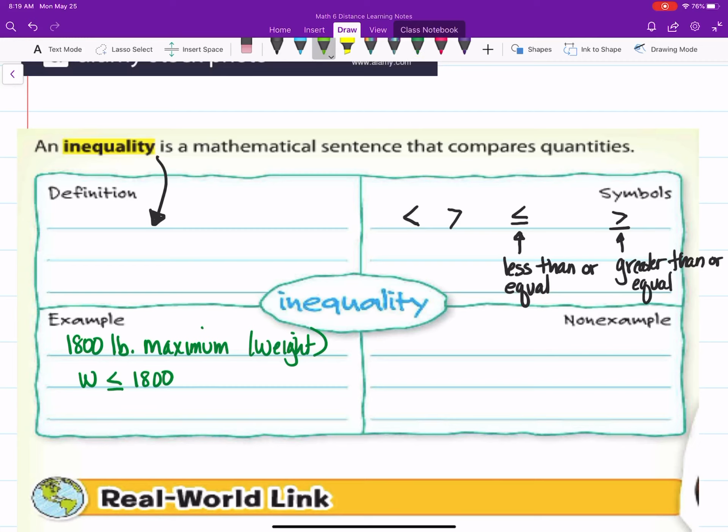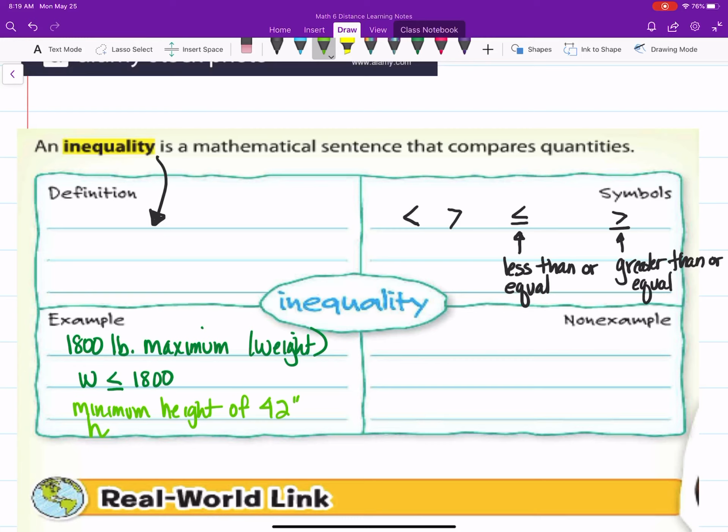The other example, let's do minimum height of 42 inches. Okay, so my height, we don't know it, there's several people, 100 people, thousands of people that ride roller coasters at Magic Mountain or Disneyland or Knott's Berry Farm.